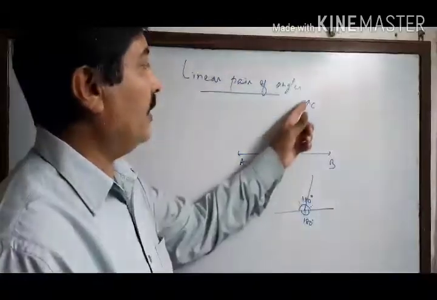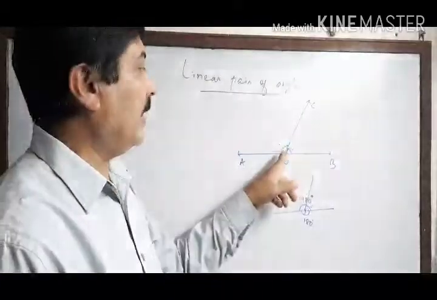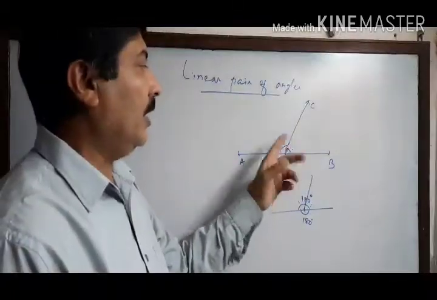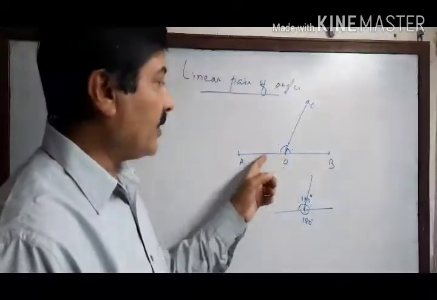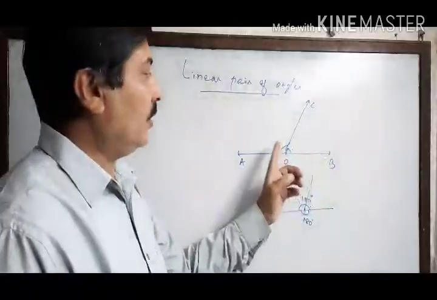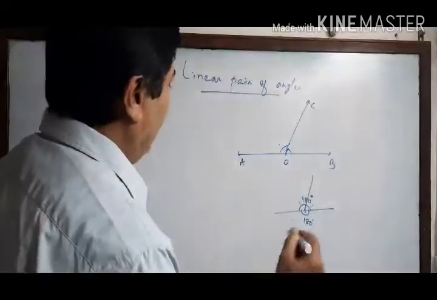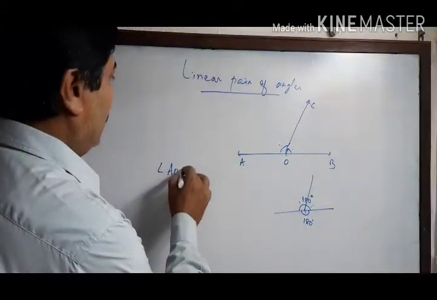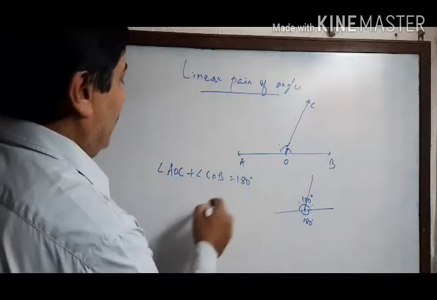Angle AOC and angle BOC are adjacent also because they have a common arm OC and both are formed at the same point O. Their other arms are on opposite sides. So if you add both angles, you get 180 degrees. That means angle AOC plus angle COB gives 180 degrees.